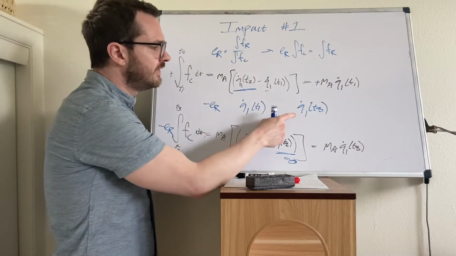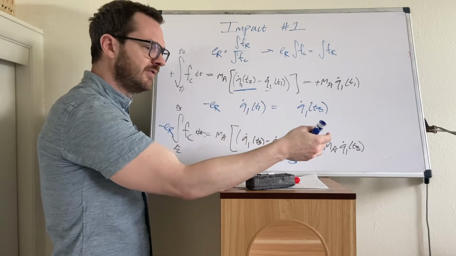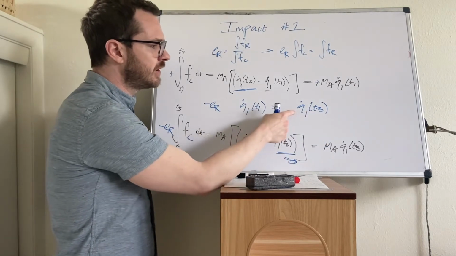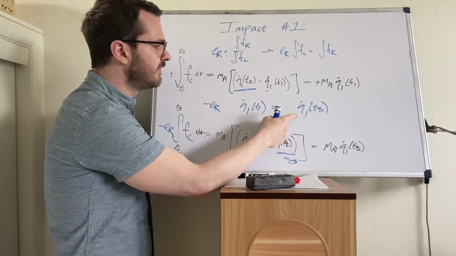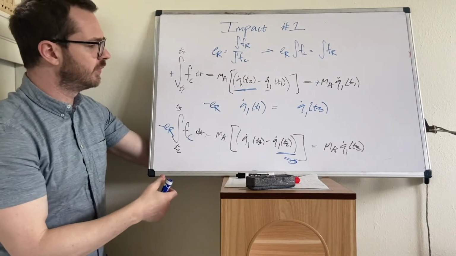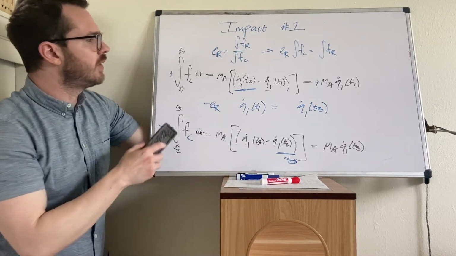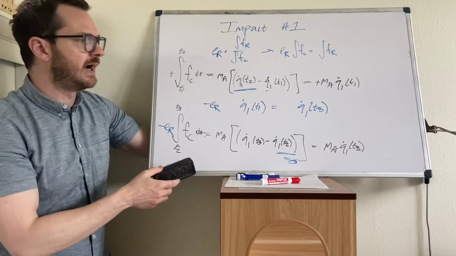This new Q1 dot at time 3, this is the new initial condition for the next ballistic phase. Remember that the Q2 dot remained unchanged, but the value of Q1 dot now, you would update it with this one.